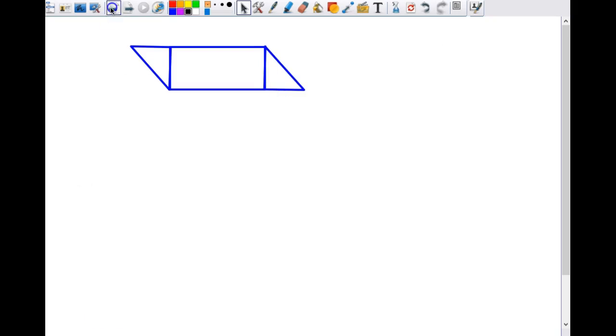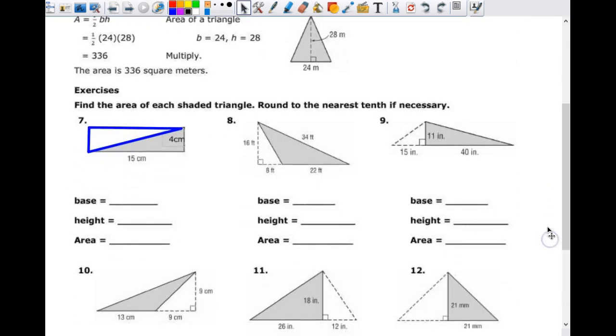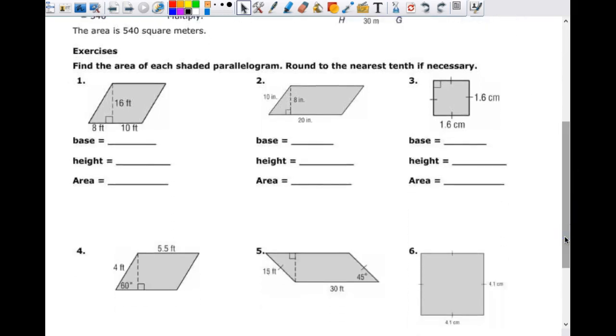So let's do an example. Problem number 1. What's the base of this one? 16? Nope. 18. 10 plus 8 is 18 feet. What is the height? 16.